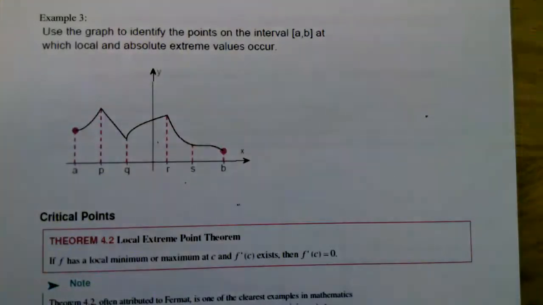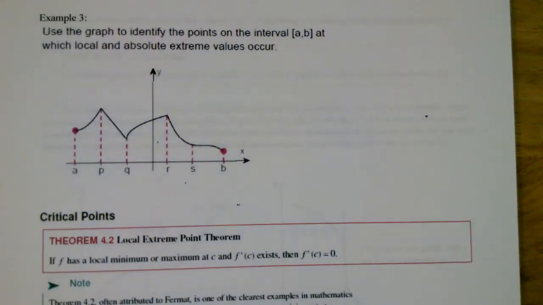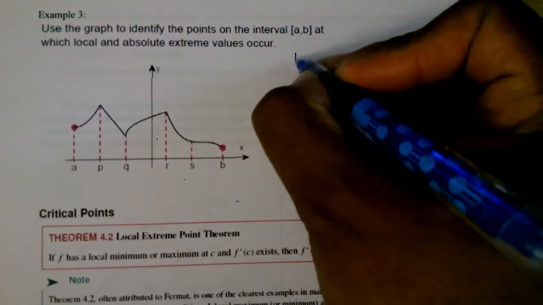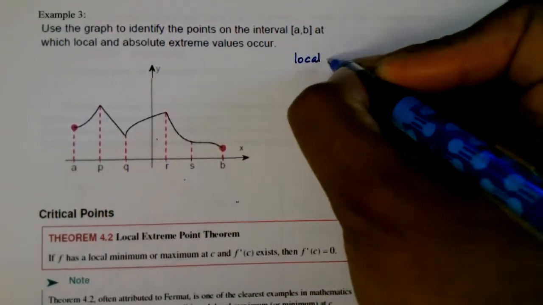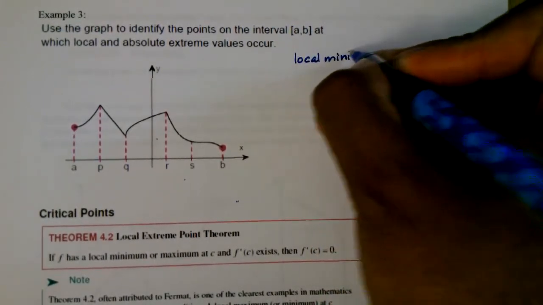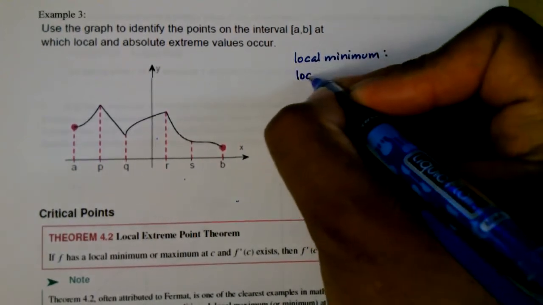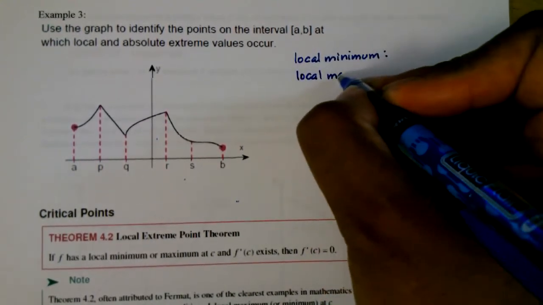All right. So if we look at example 3, here we're going to use the graph to identify the points on the interval AB at which local and absolute extreme values occur. So in this case, we're going to be identifying the local minimum and local maximum.